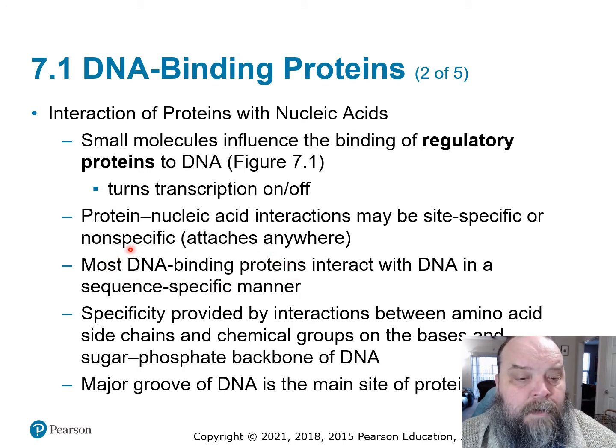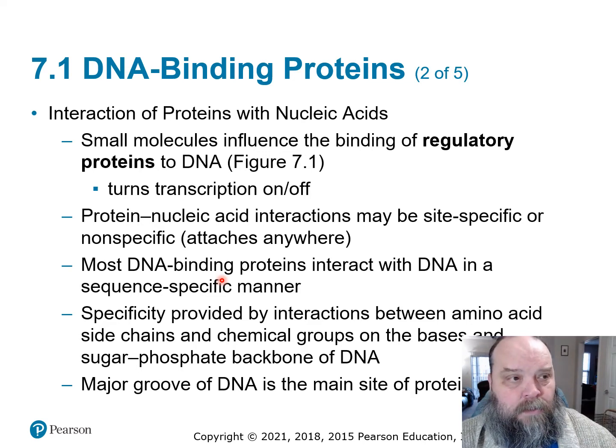What we're going to be talking about in this chapter are what are referred to as DNA binding proteins. Okay, this is a bit different than these proteins here, because these DNA binding proteins, due to their amino acid sequence, are going to bind to specific sequences, GATC sequences, within the DNA chromosome.